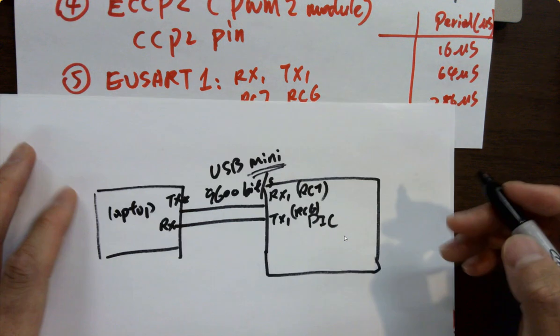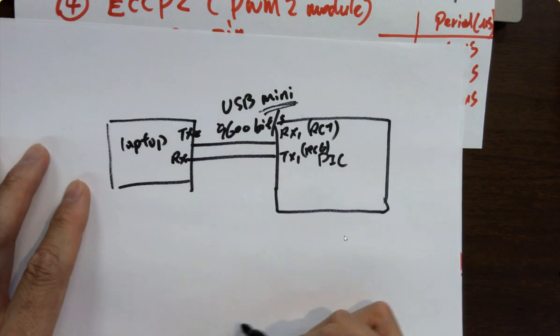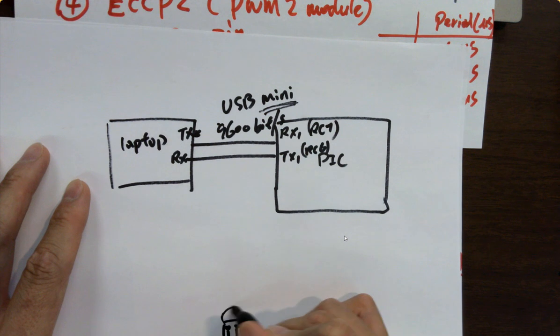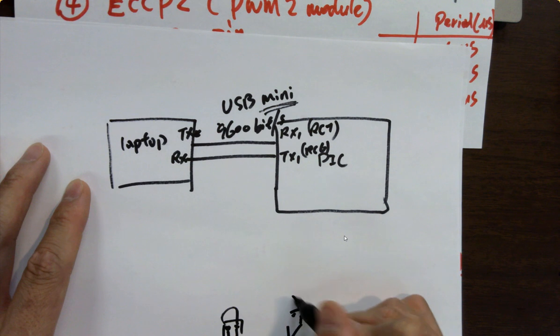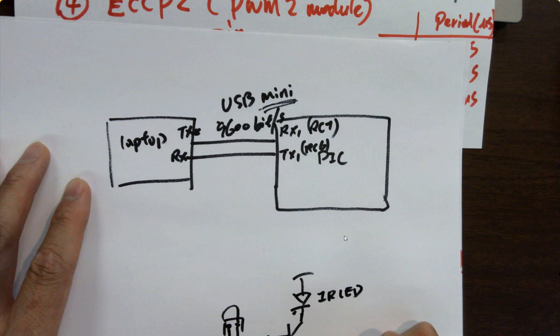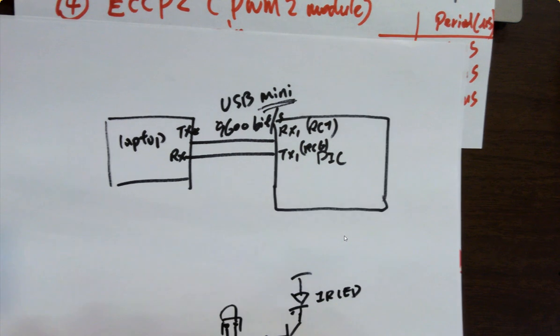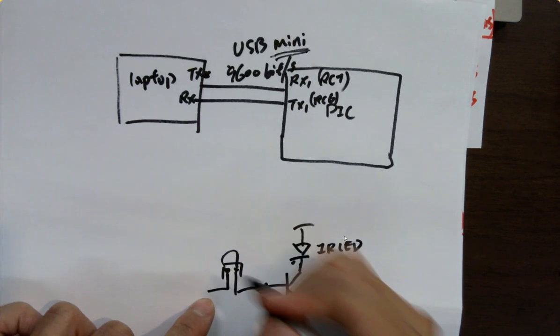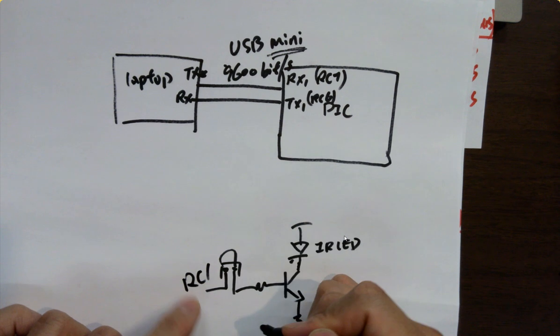I have my signal here. You put a jumper here. BJT, IR, LED. What is this one again? RC1. Connect to where again?